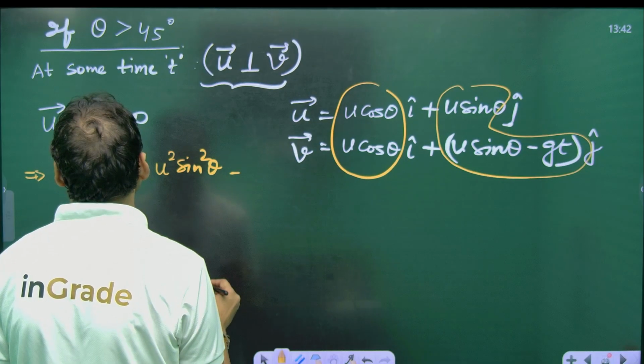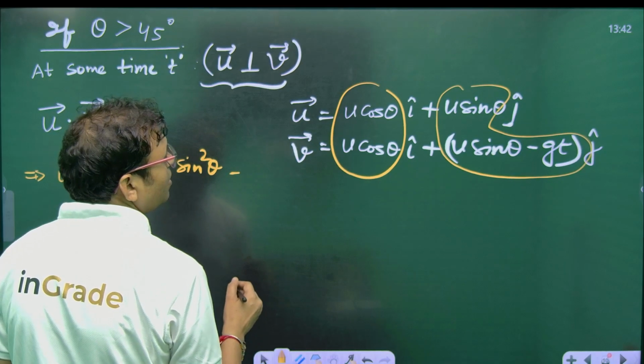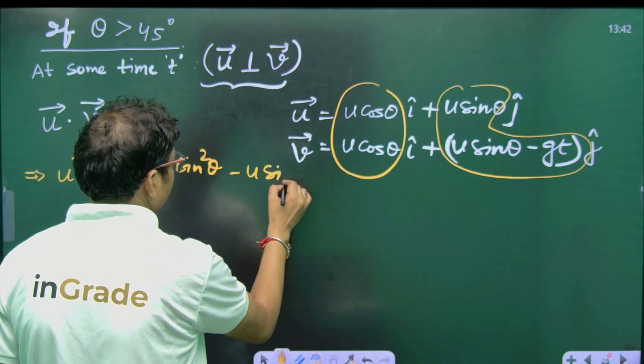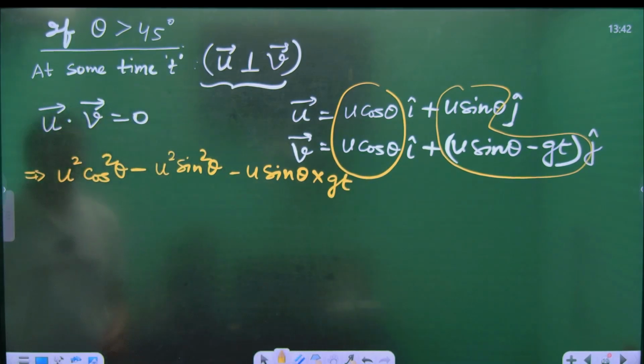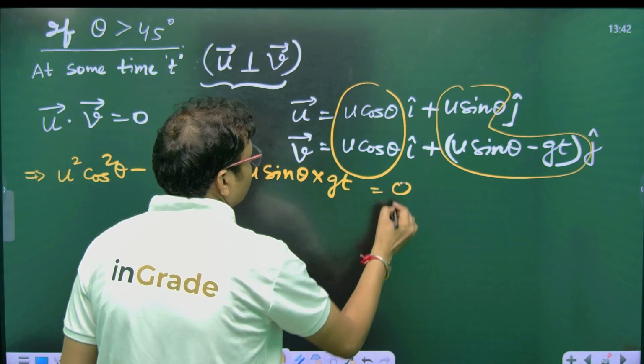minus u sin theta into gt, should be equal to 0.